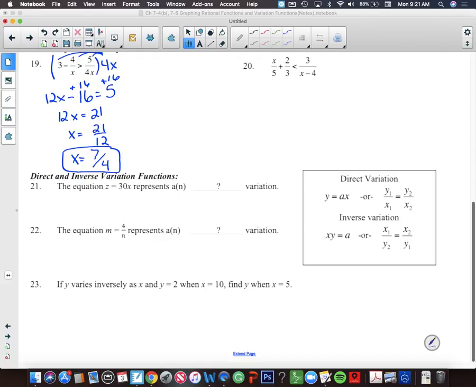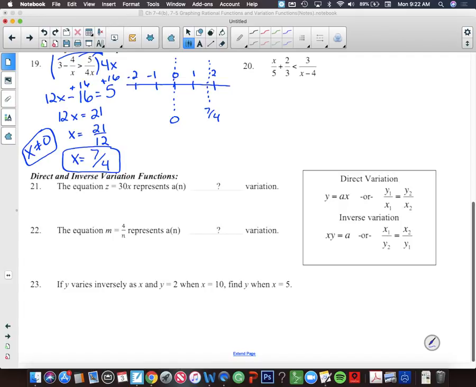And then we also needed that excluded value at the beginning, so x cannot be 0. Those are the two pieces that we need for our number line. So we need those intervals. 0, 1, negative 1. 7/4, that's 1 3/4, so let's put 2 on there. And then we'll draw our intervals. So 1 3/4 is here. That's my 7/4. 0 is there.